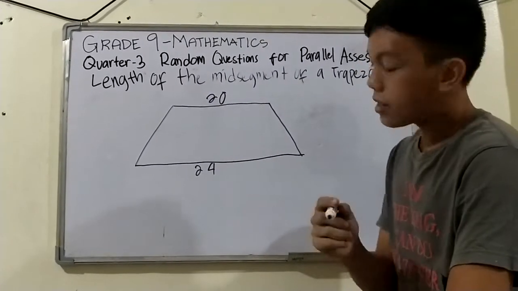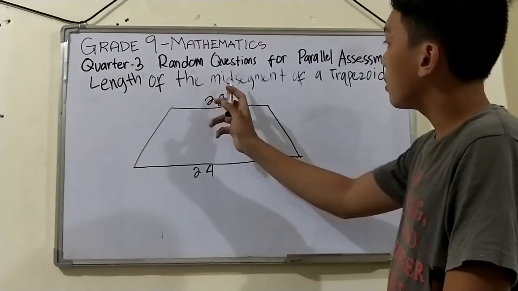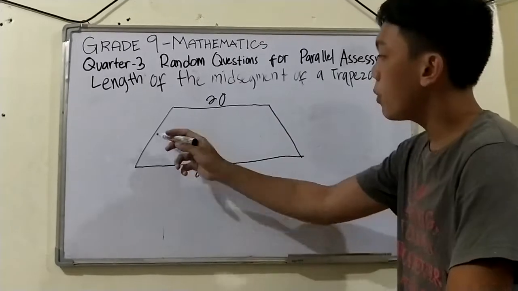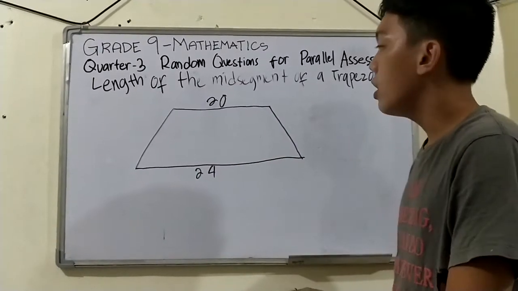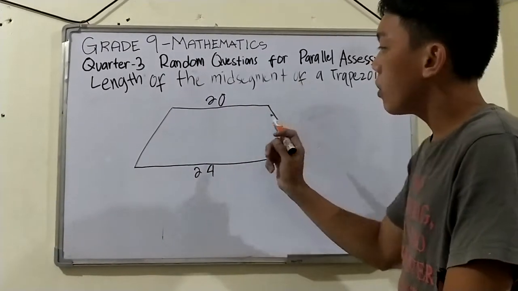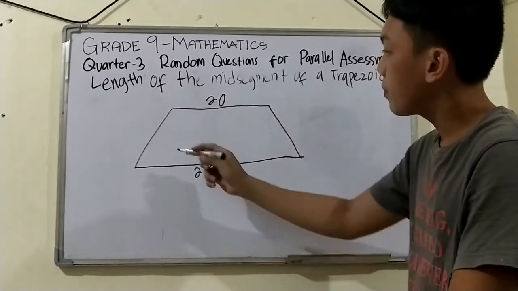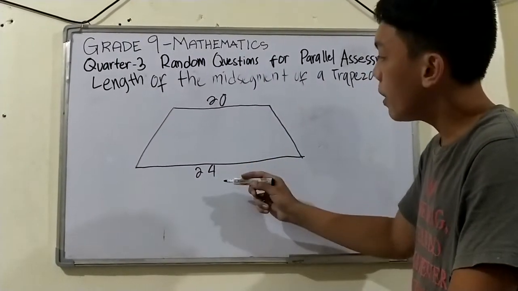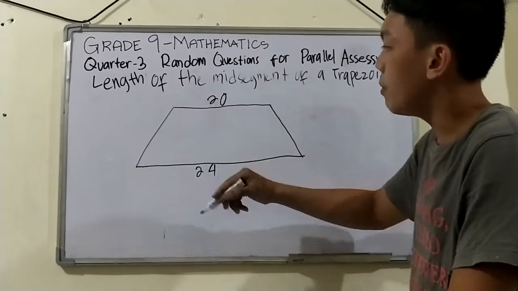So we are asked to find the length of the mid-segment of a trapezoid. So what is the mid-segment, or where is the mid-segment of a trapezoid? The mid-segment of a trapezoid is a segment equidistant from the lower base and from the upper base.